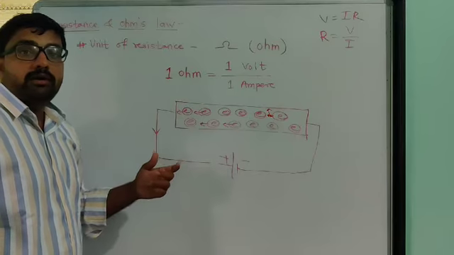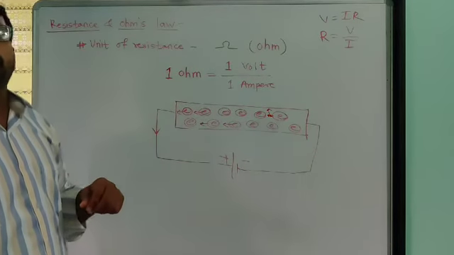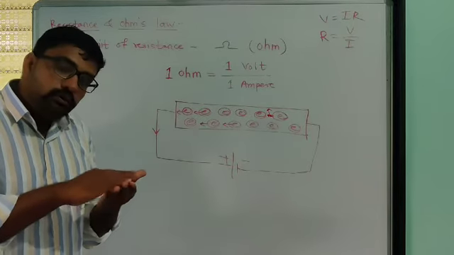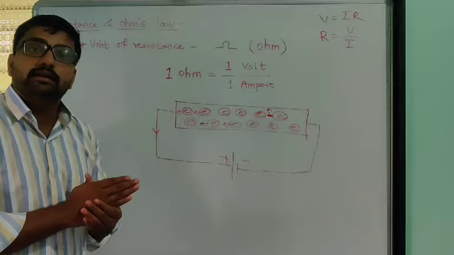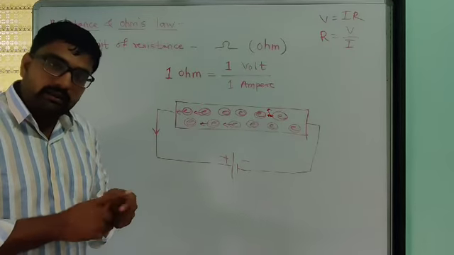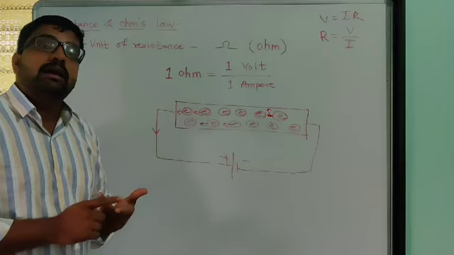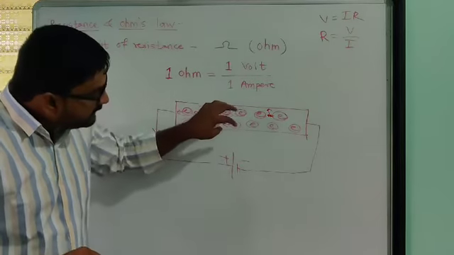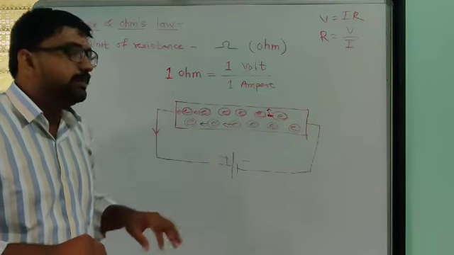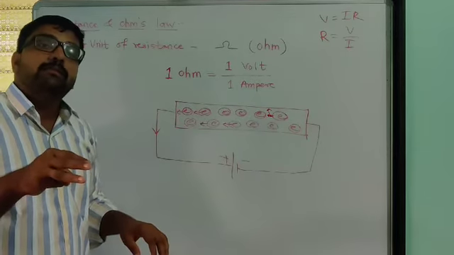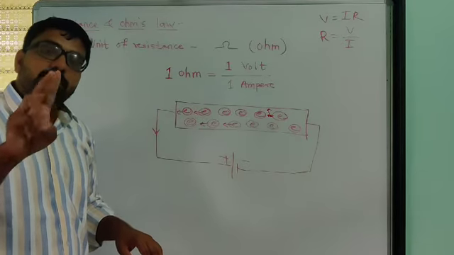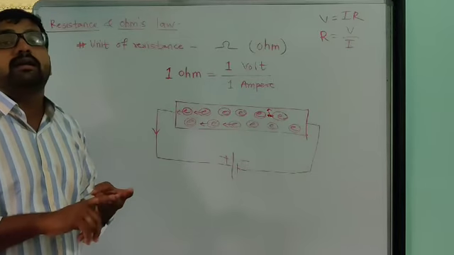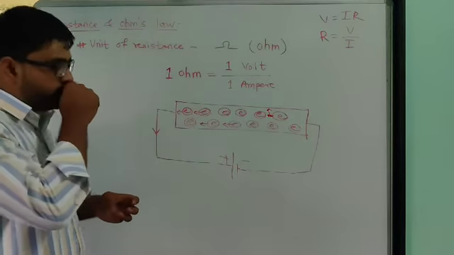So on the basis of resistivity, materials are divided into three parts according to electrical conductivity. Some are good conductors, some are semiconductors, and some are bad conductors. According to how much resistance is present inside that material, substances are divided into conductors, semiconductors, and bad conductors of electricity.